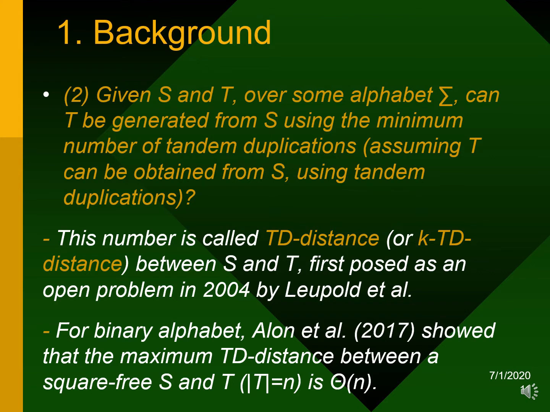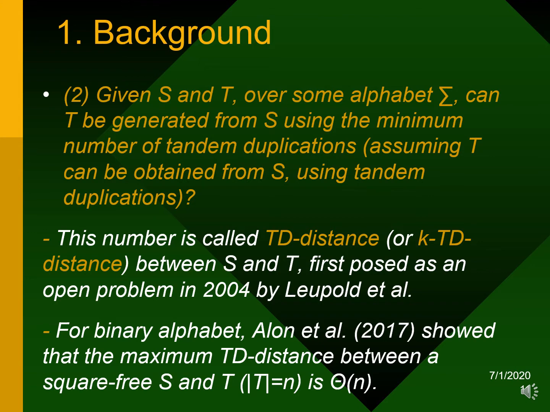Computing this number, the minimum tandem duplication distance, was first posed as an open question in 2004 by Leupold et al. In other words, whether we can compute this number in polynomial time or the computation is NP-hard.